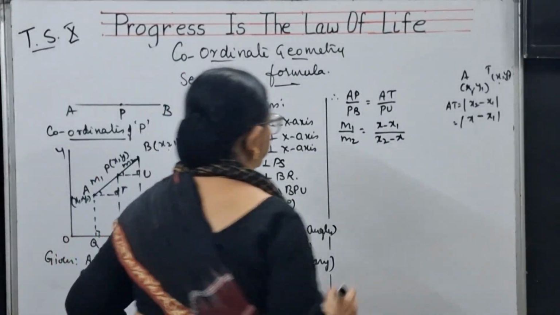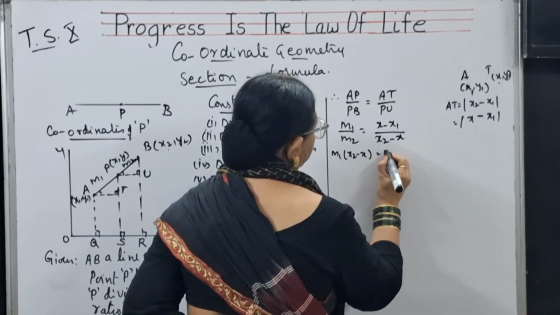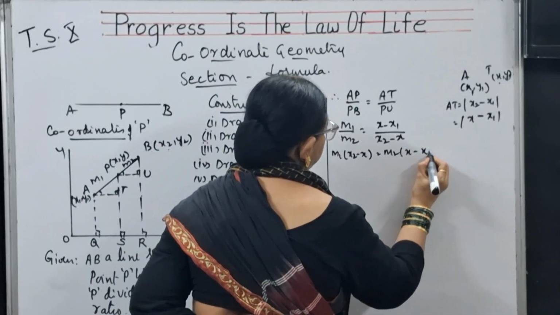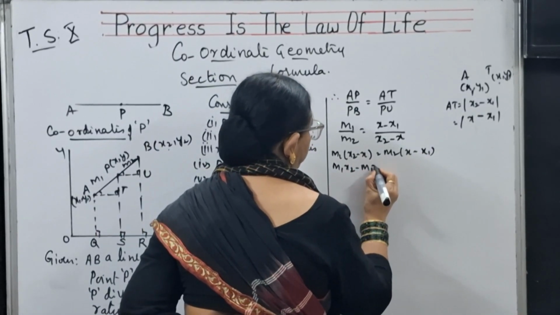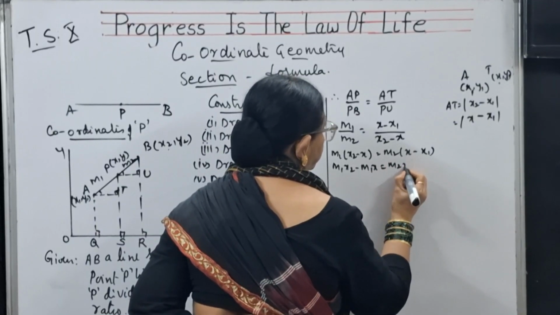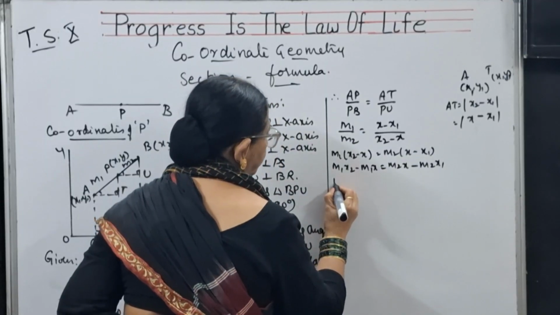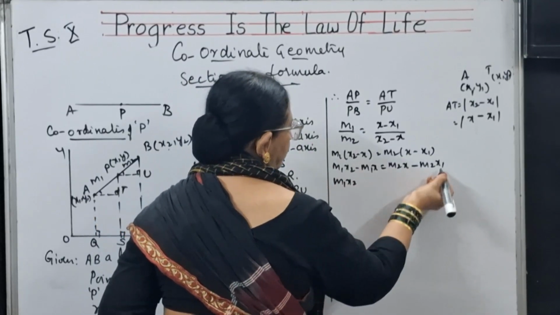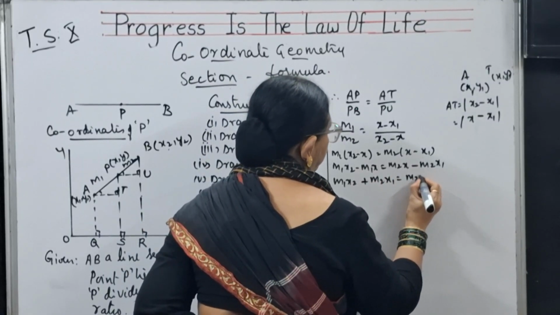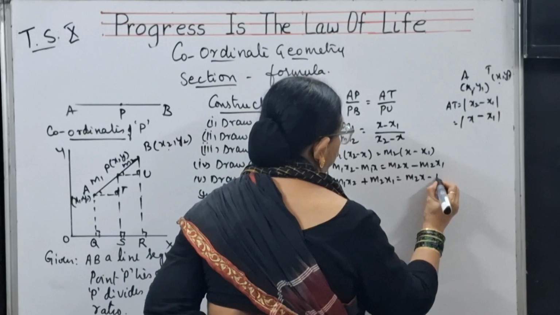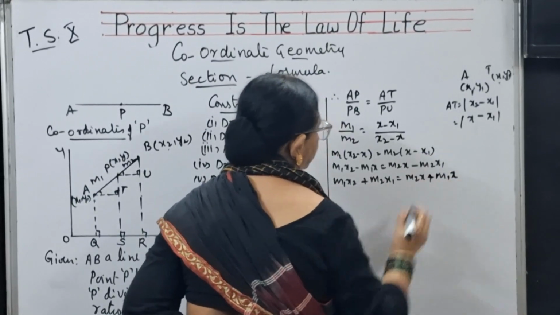So on cross multiplication, m1 into x2 minus x is equal to m2 into x minus x1. So m1 x2 minus m1 x is equal to m2 x minus m2 x1. So m1 x2, you bring this here, plus m2 x1 is equal to m2 x plus m1 x.